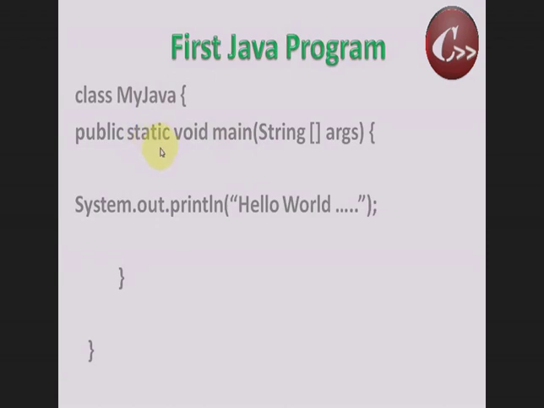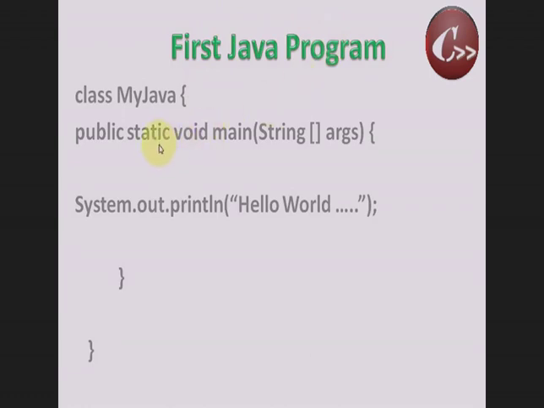I hope you understand why we use the static keyword before the main method. So the program execution begins at the entry point, the main method. Every program starts the execution from the main method, so there is no time or space to create the object. In order to make it possible, we use static here.